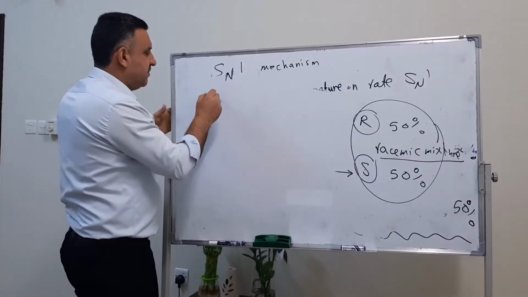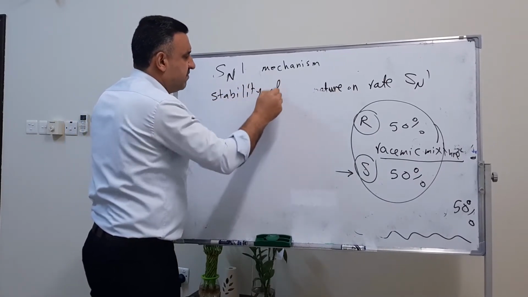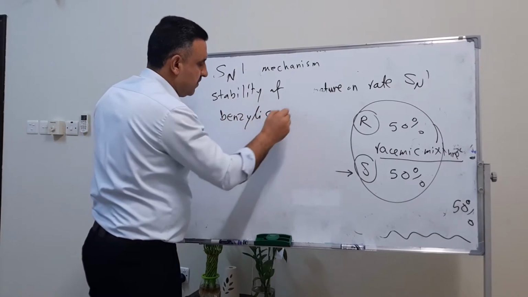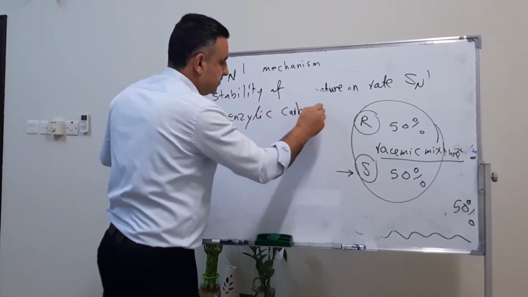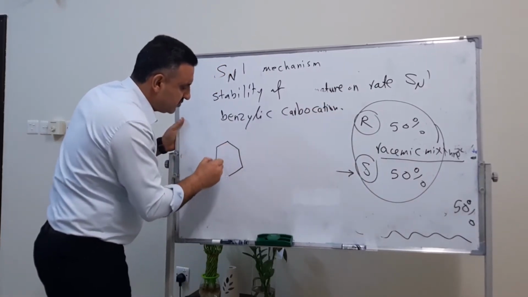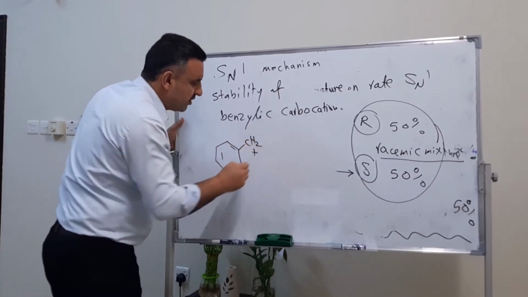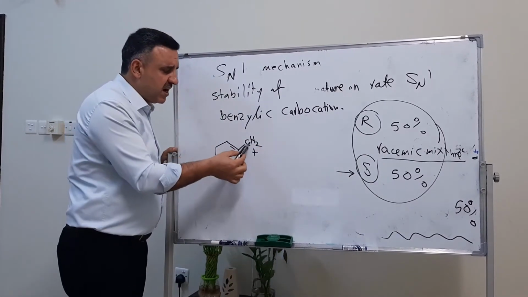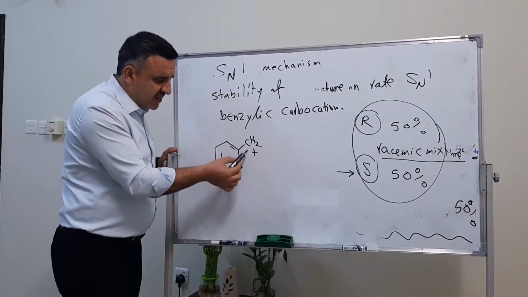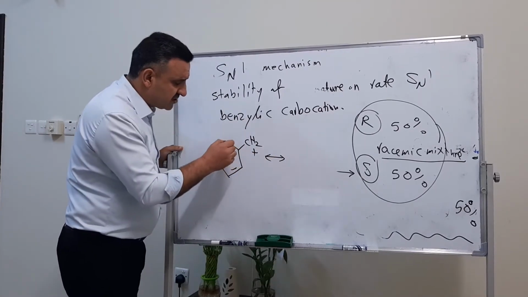Let's talk about the stability of the benzylic carbocation. The benzylic carbocation, as you can see, is this one. This is a special type of carbocation which we call benzylic. Any carbon attached to benzene at this position we call benzylic. You can see here we may draw resonance structures of this carbocation.